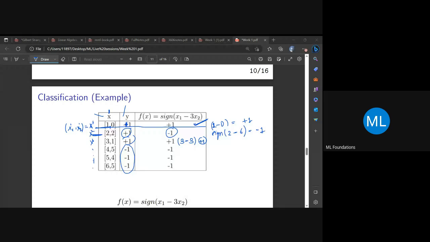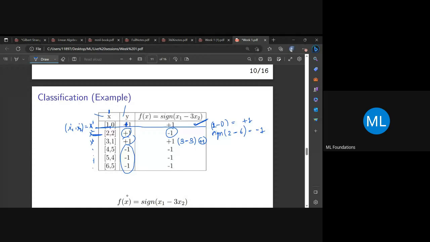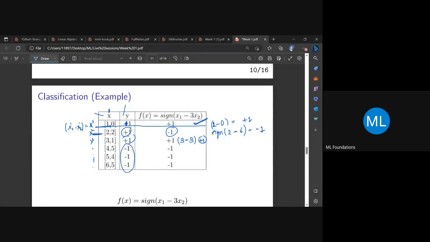Rajiv, yes. Ma'am, how will sign of 0 be +1? Okay, I think I have not defined it right. You take it as plus only when it is not less than 0. When it is less than 0, you take it as -1.